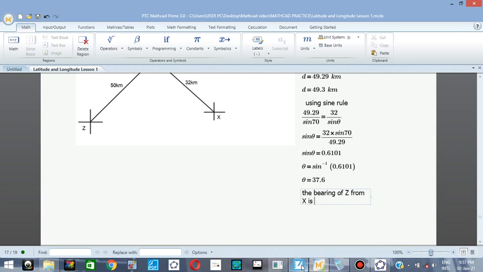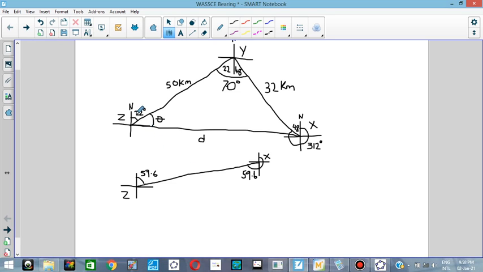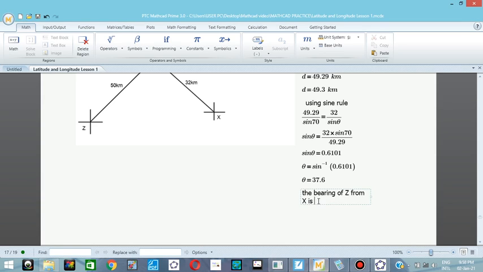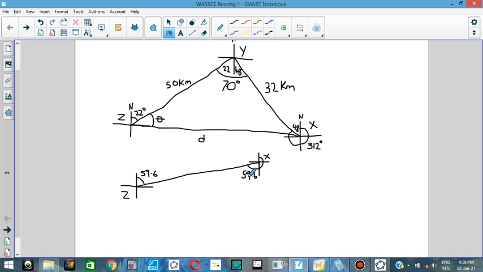Let me just add everything so that we can understand it better. This 22 plus this angle here. Okay, I've already added it, so which is this 59.6.